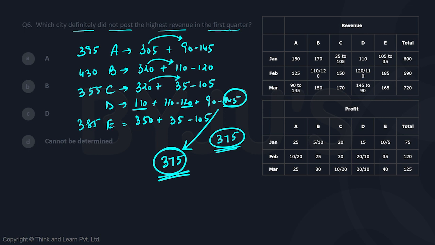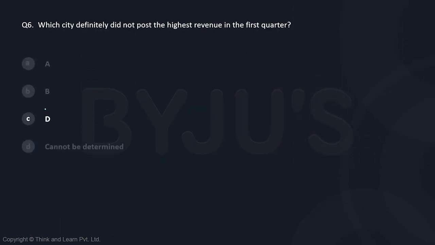This 375 is lower than the lowest of A. It is lower than the lowest of B. It is lower than the lowest of E. A figure which is lower than the lowest of others, and it is the maximum figure for D. Of course, they cannot have the highest revenue. So, therefore, D is the city which cannot have the highest revenue. I repeat, because even the highest revenue of D is less than the lowest of others. How can it be the highest revenue among all? So my answer would be D.